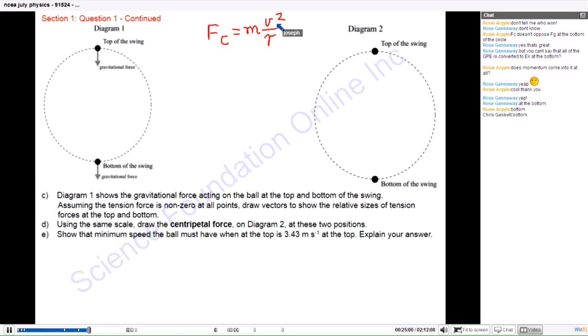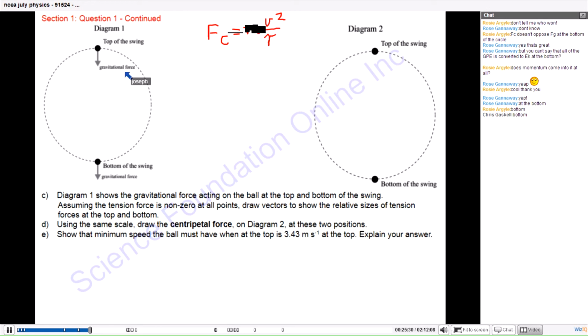Where was it traveling the fastest? At the bottom, and therefore that needs the biggest centripetal force, mv squared on r, right? Clearly, centripetal force is the resultant force that points to the center to enable a uniform circular motion. And the bigger the speed, the bigger the centripetal force that's needed, mv squared on r.